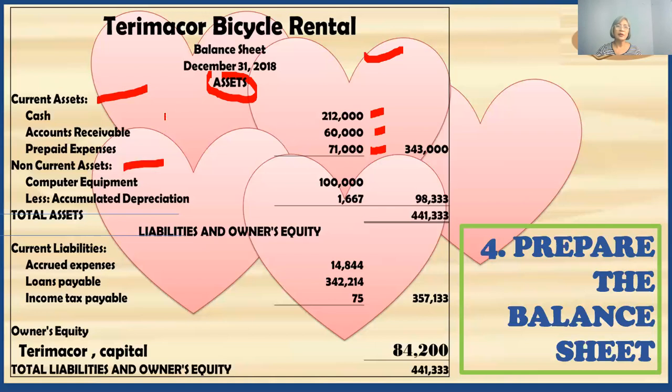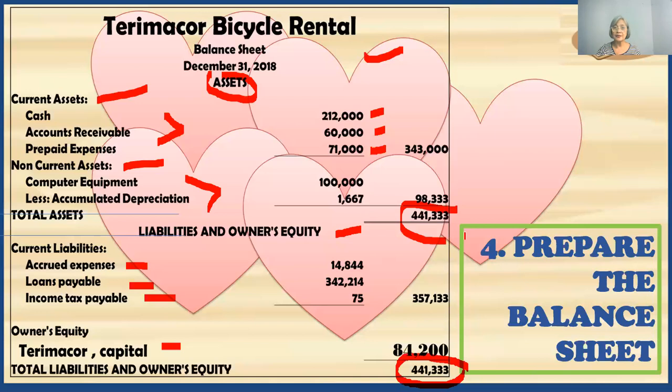So, what are the current assets and what are the non-current assets? So then this section, the liabilities and equity section, we have the accrued expenses, loans payable, income tax payable, and then the capital. The total of the liabilities and capital should equal the total of assets.